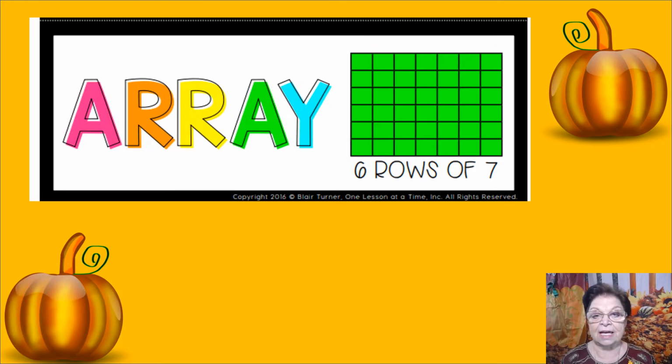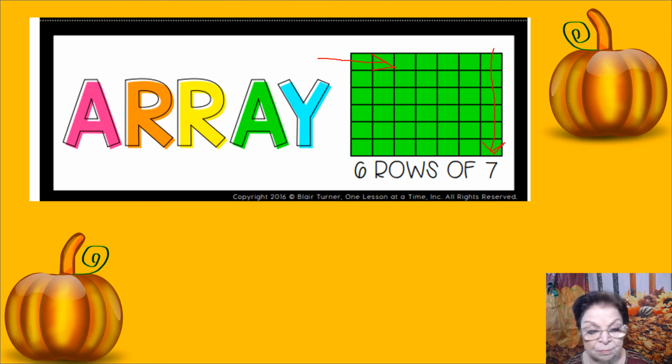Okay, today we're going to learn about arrays. An array is a multiplication strategy where you take any item, they're using boxes here, and you divide them into columns and rows. Rows go across, columns go up and down.